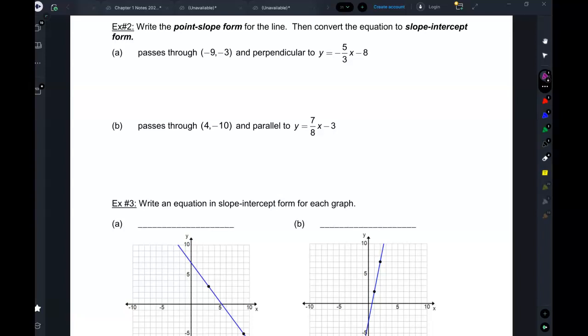Passes through this, so this is x1, y1, perpendicular to this. So I take this, and now the slope of the perpendicular line is 3/5. That's the slope I'm going to use. So y plus 3 is 3/5 x plus 9.